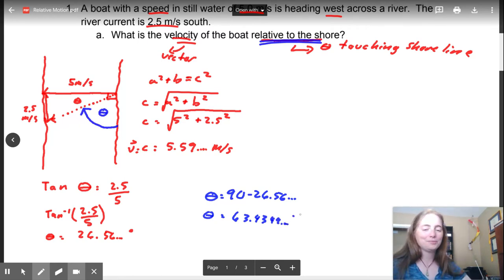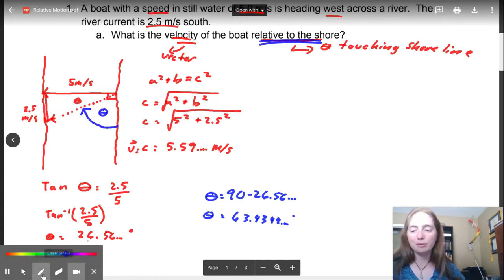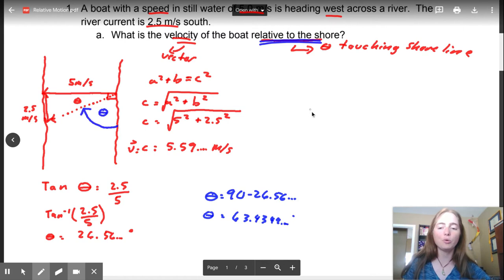So, ladies and gentlemen, I am now going to combine these numbers together, and I am going to get my velocity of, now I want 2 sig digs here. See, all my values are 2 sig digs.